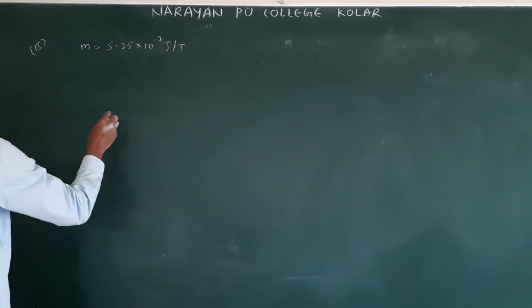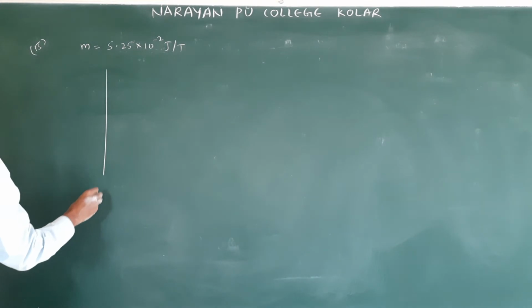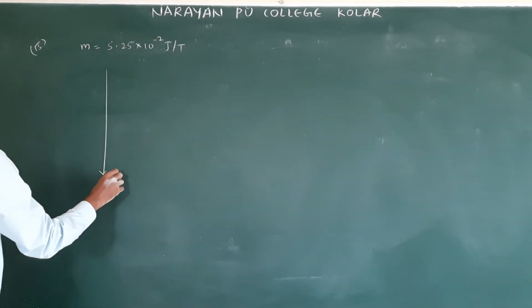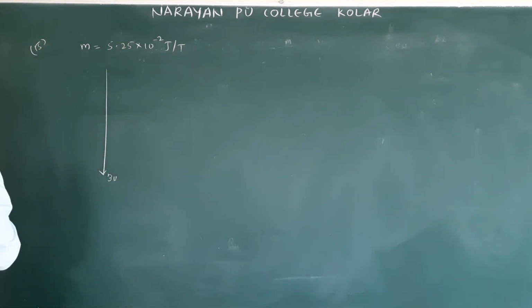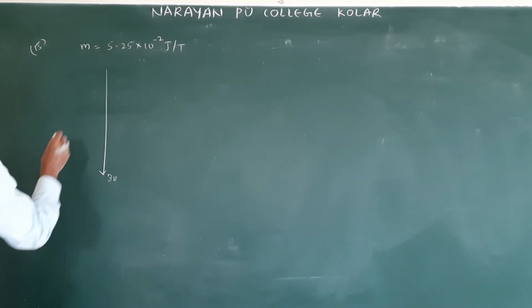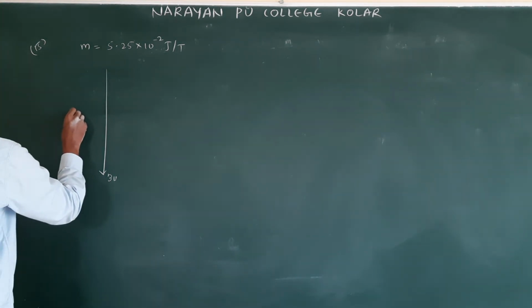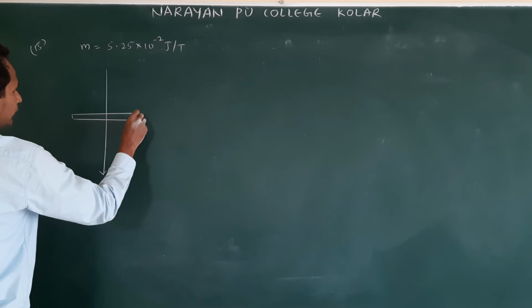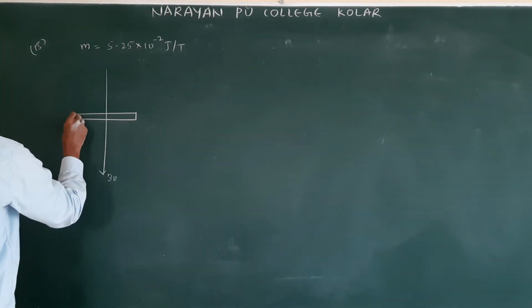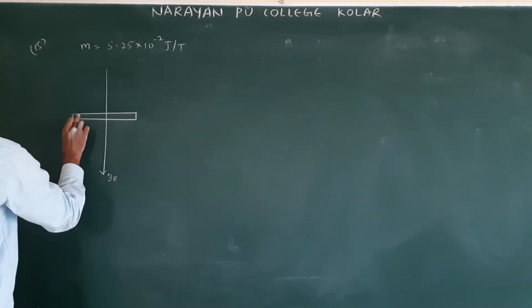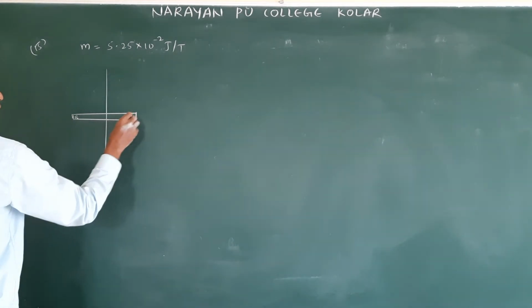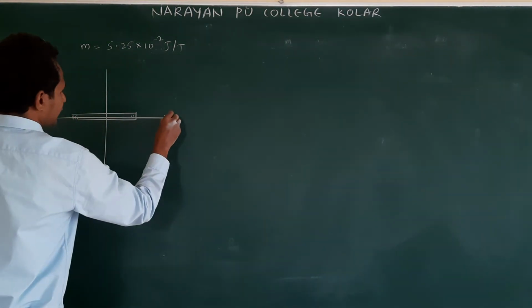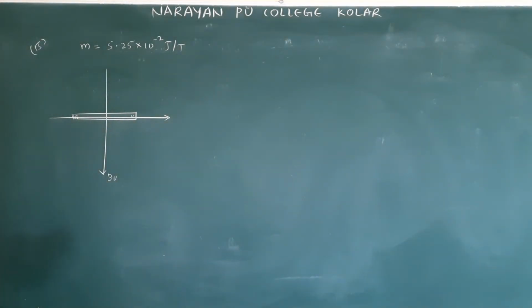So already in the previous problem we took the Earth's field direction downwards, BH. It's placed with its axis perpendicular. This is the bar magnet, south, north. This is its axis.